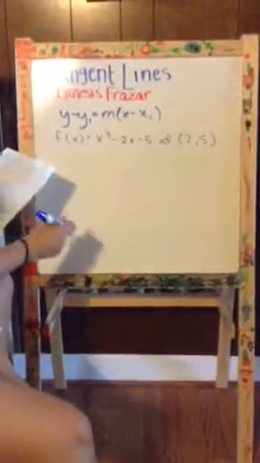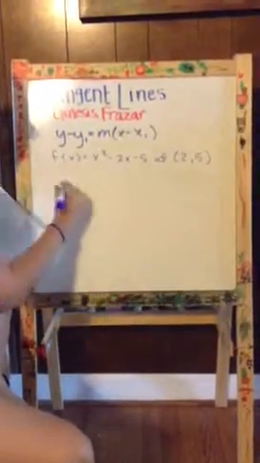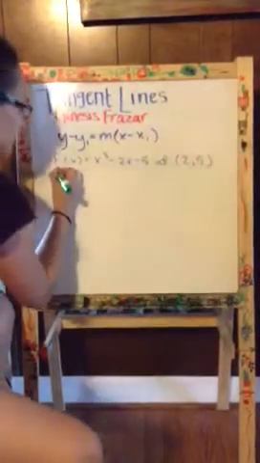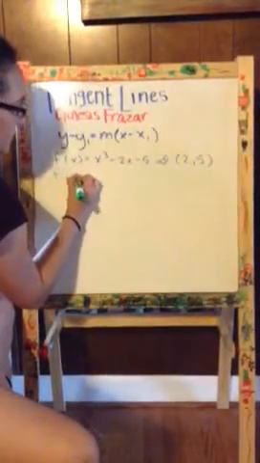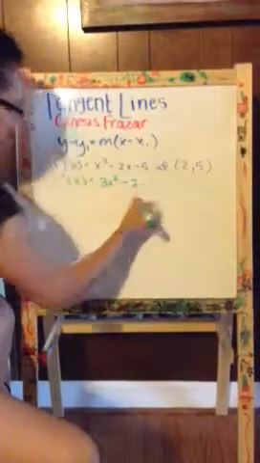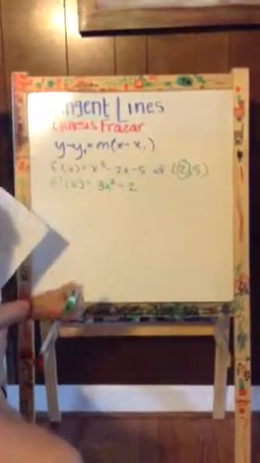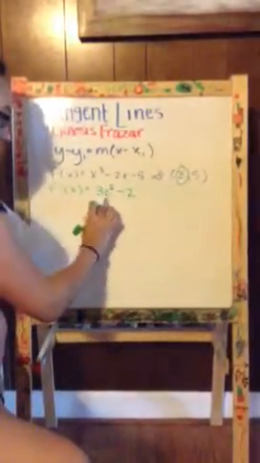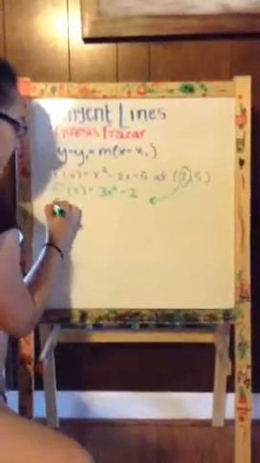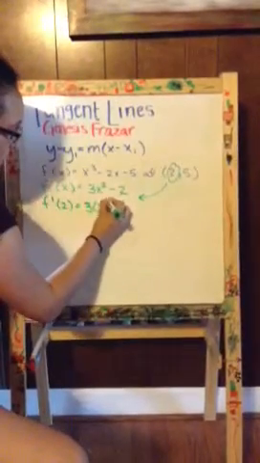So, as learned, we will do the first derivative of this equation, which is f prime of x equals 3x squared minus 2. And then from there, you will plug in the given x, which is 2. So in all the x's given, you will plug in the number 2 to this equation. So f prime of 2 equals 3 times 2 squared minus 2.